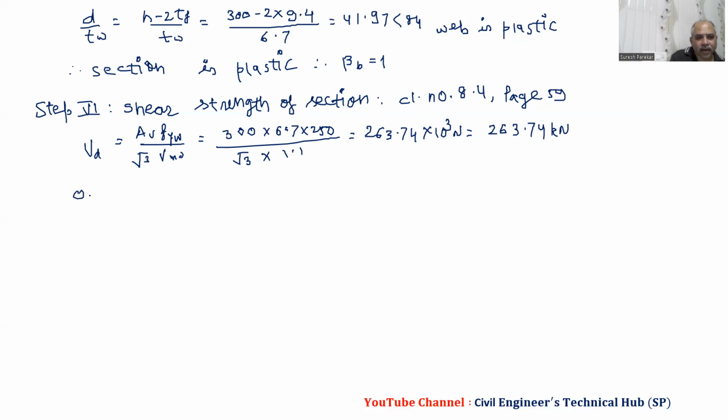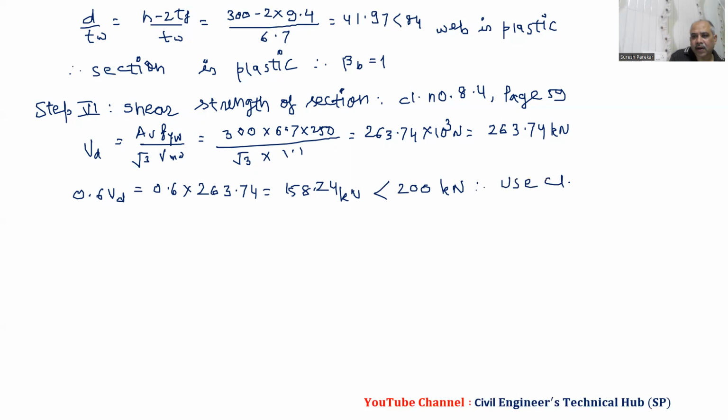And then we have to find 0.6 VD. 0.6 into 263.74, which is 158.24, which is less than 200 kilonewton, and therefore use clause number 9.2, which is for combined loading. Then we have to go for clause number 9.2 in step 7.